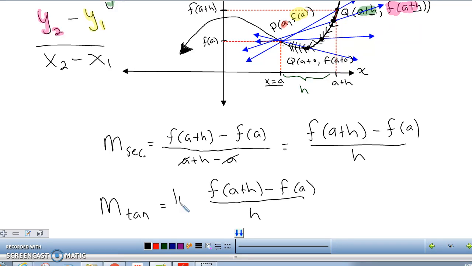However, it's the limit as h approaches 0. Okay?